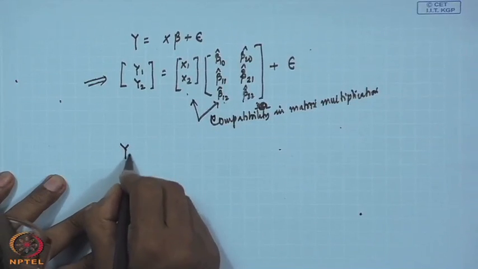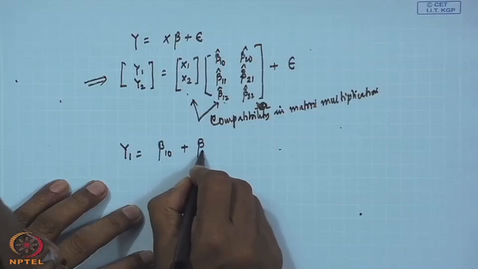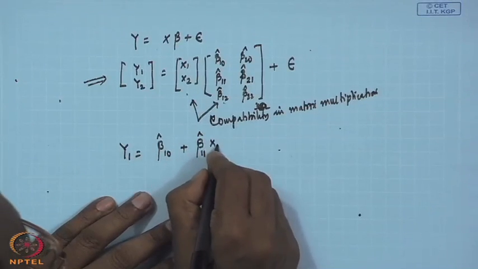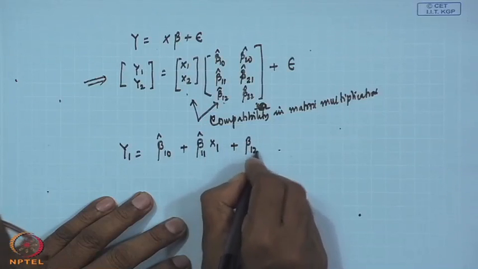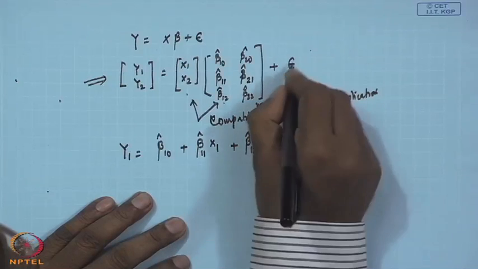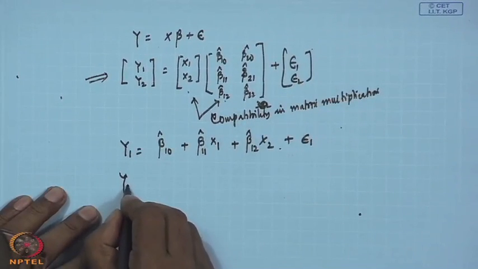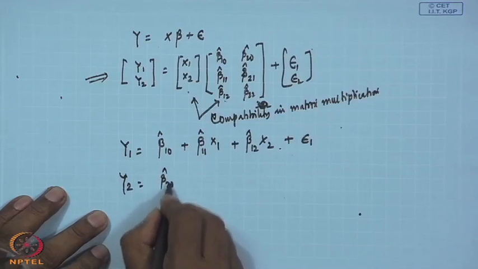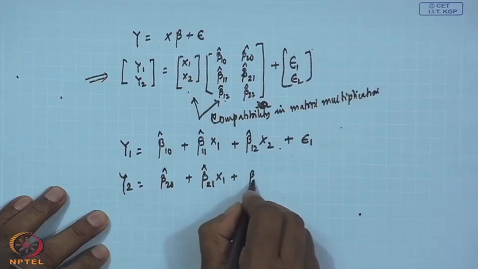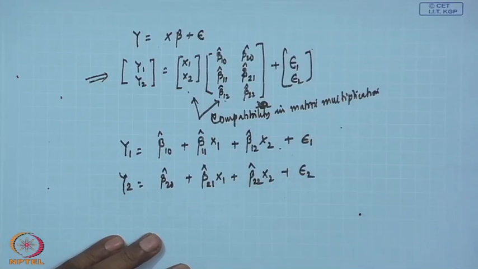Straight away, I write y1 equal to beta 1 0 cap plus beta 1 1 x1, then beta 1 2 x2 plus epsilon 1, and epsilon 2. Then your y2 is beta 2 0 cap, beta 2 1 x1, beta 2 2 x2 plus epsilon 2.